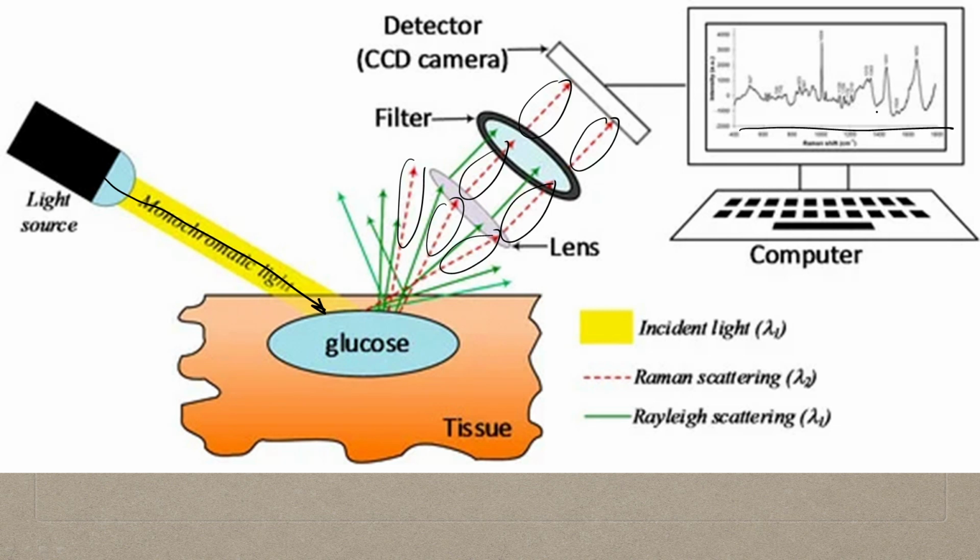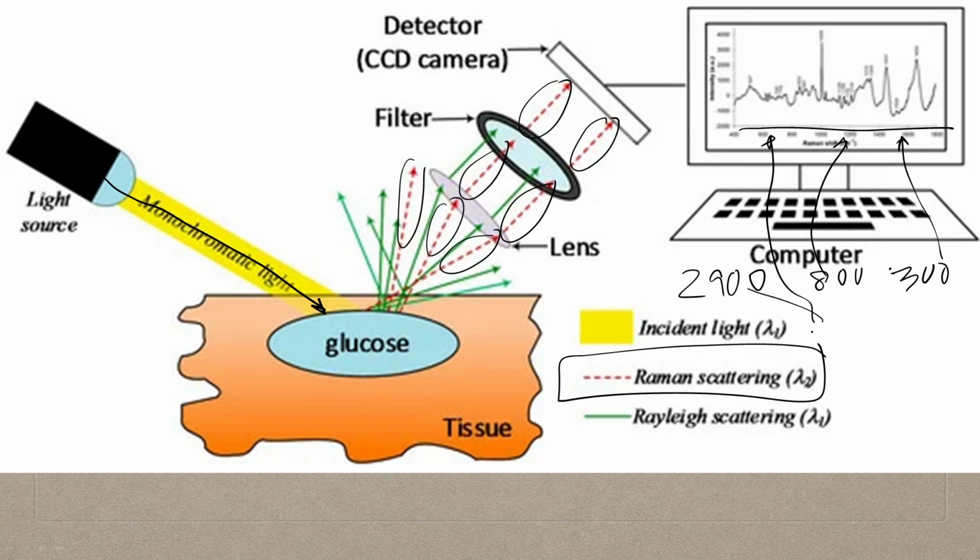Now, you have to remember those three numbers: 2900 and 800 and 1300. So, you have to locate where they are standing, depending on, you have to make a call that is the sample contains glucose and how much it contains.